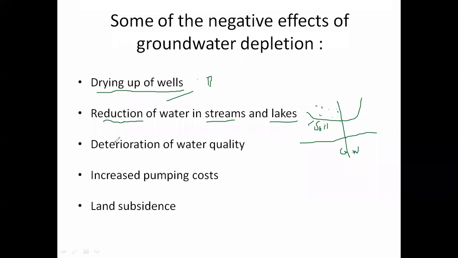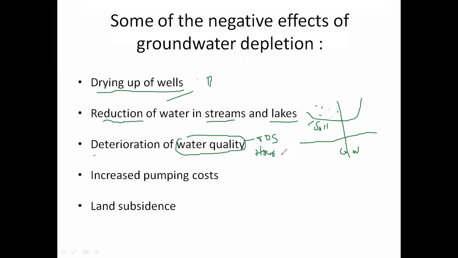Next, deterioration of water quality. We will see some deterioration in the quality of water because of this groundwater depletion. Quality means you have a lot of parameters, like TDS and hardness. These are the main parameters, and these things will get deteriorated.